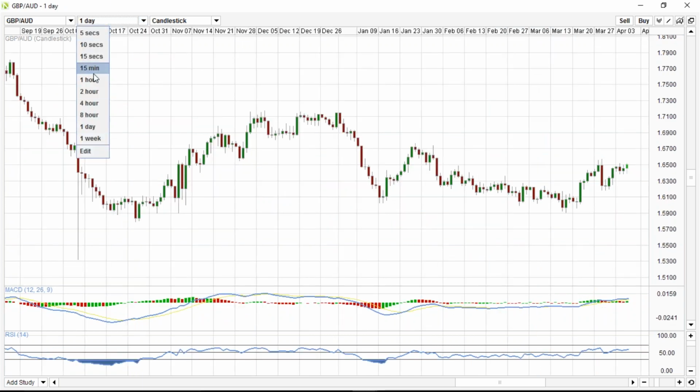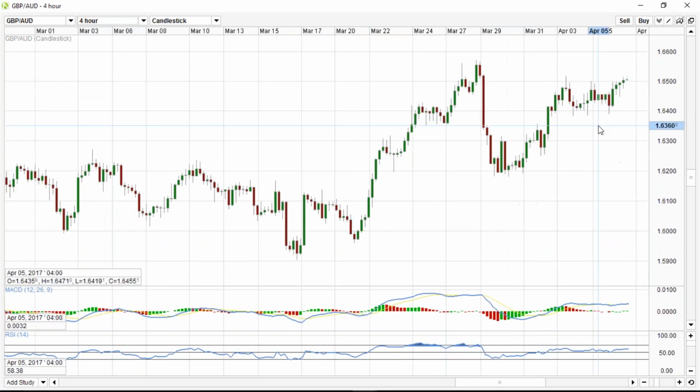It's moved from when I saw it last. But this is what I was looking at previously. All right. I had a sort of consolidation part here, and then it had printed a high and then a higher low.